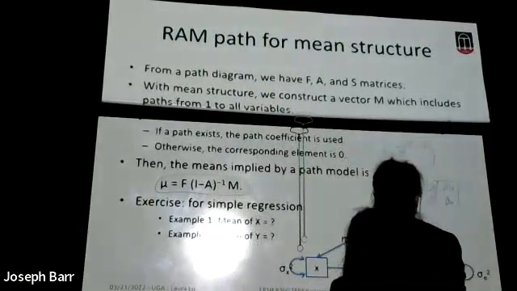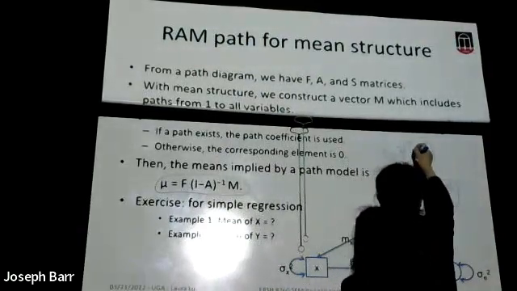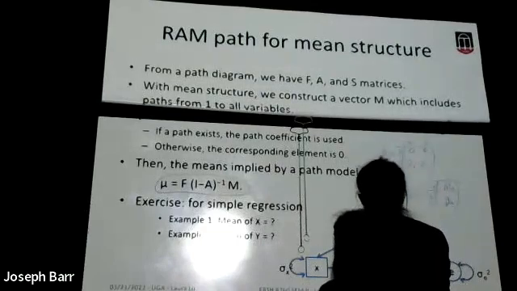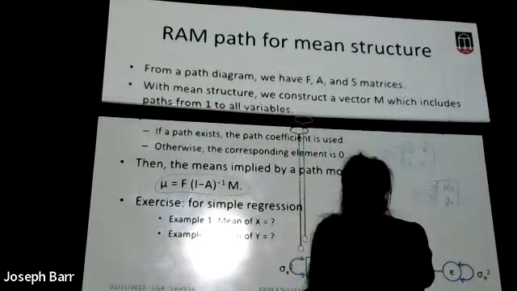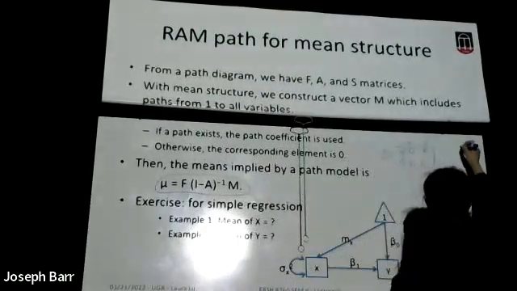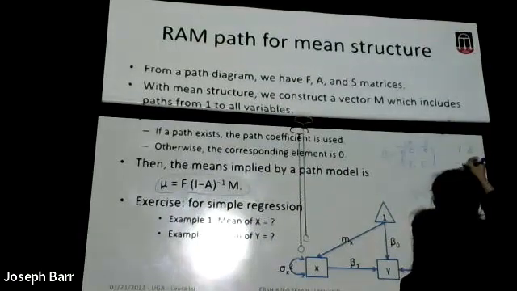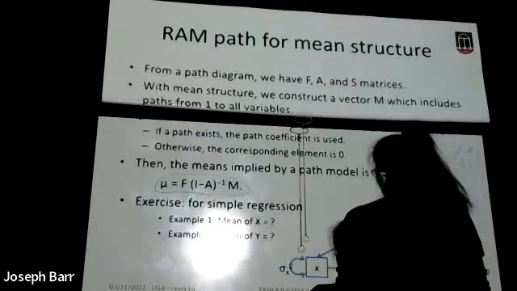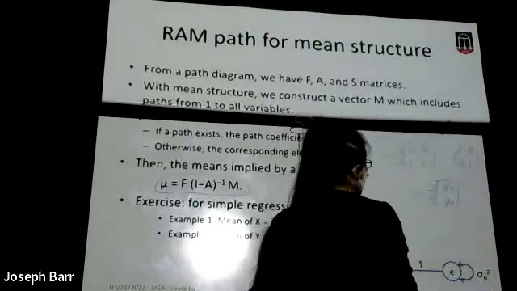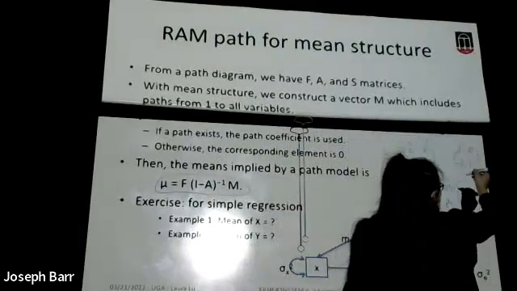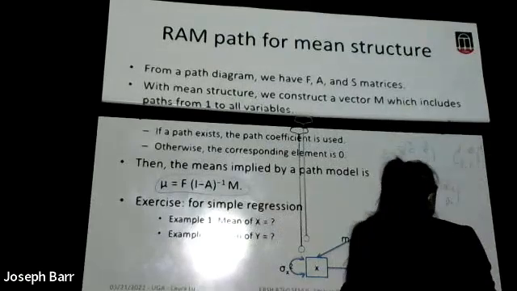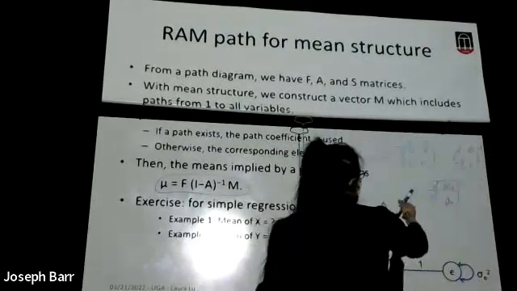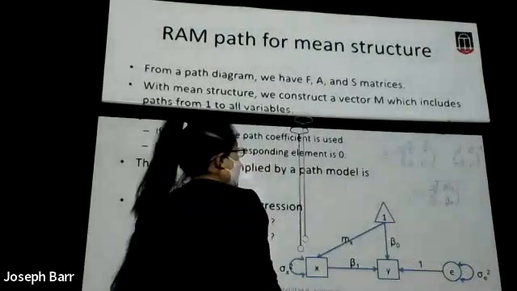And the identity matrix minus A here. And then the inverse, we do the inverse. And also the M vector here.